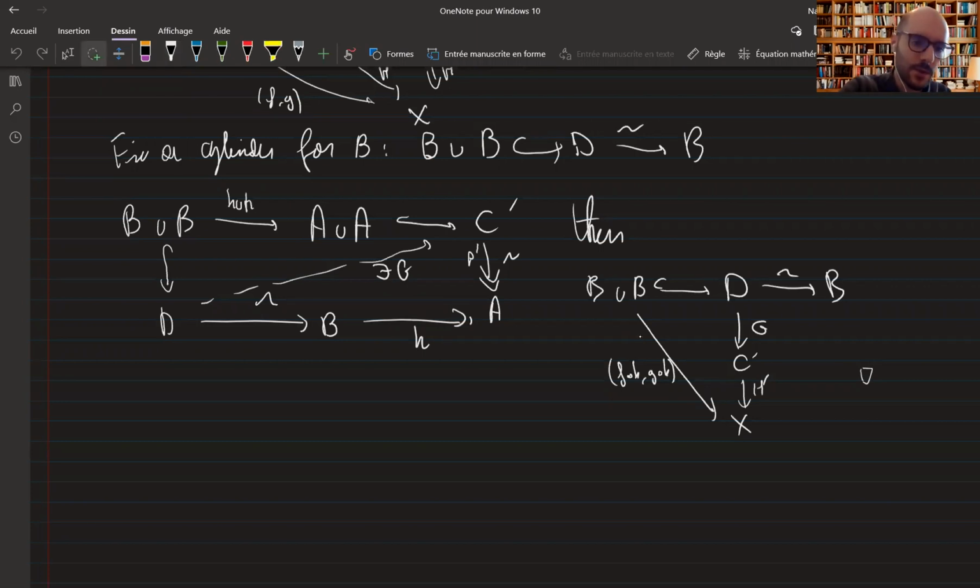So essentially what you want is always, you start from your cylinder here, and you want it to factor through C prime, your map from B to A, right? So you set everything up so that you have an acyclic fibration here, and you lift. Okay, this is essentially the idea.